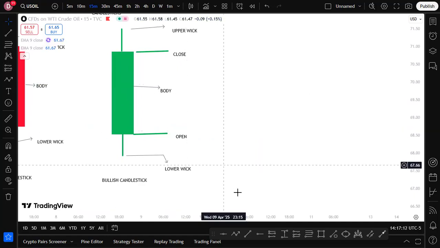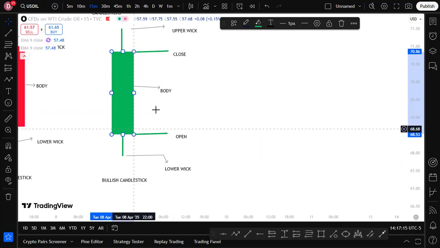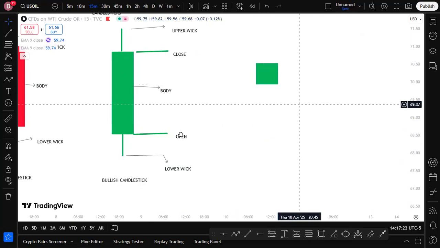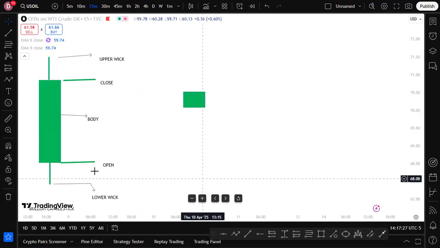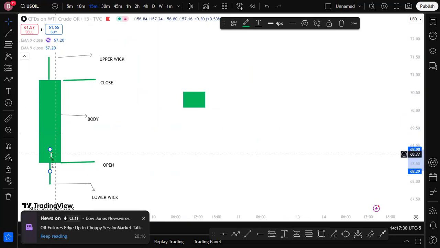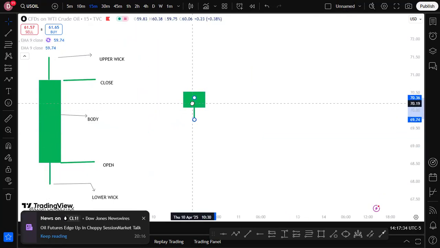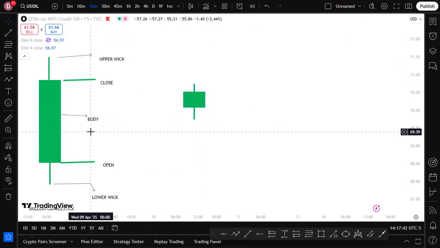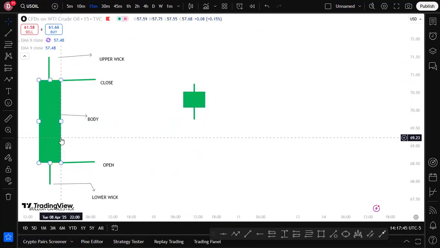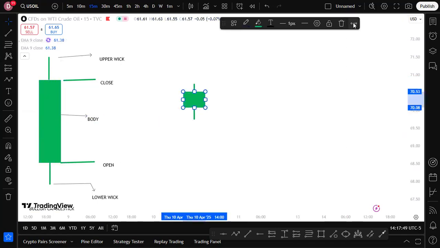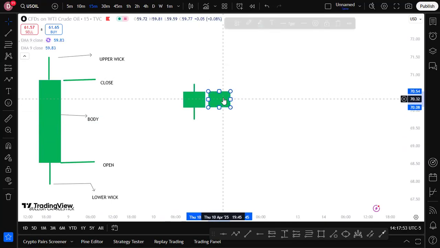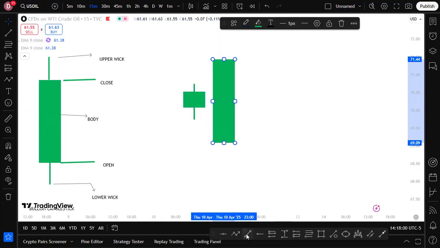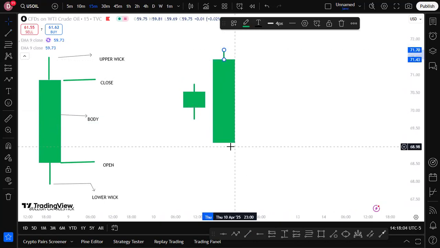Now let's move on. I'll be drawing another candlestick here. There are candlesticks that usually don't have wicks, while there are others that have wicks.